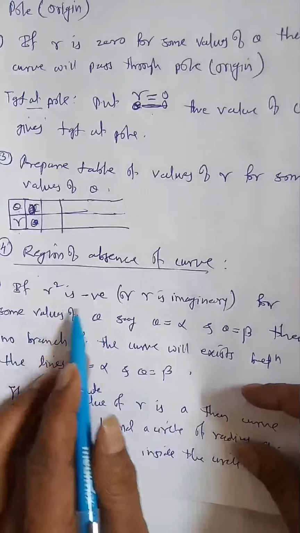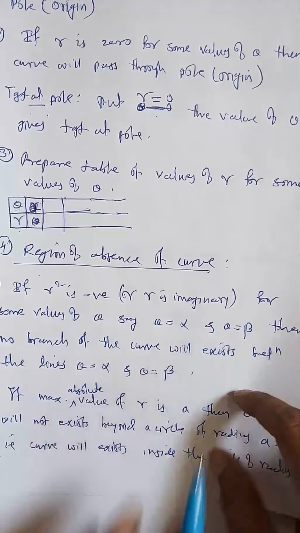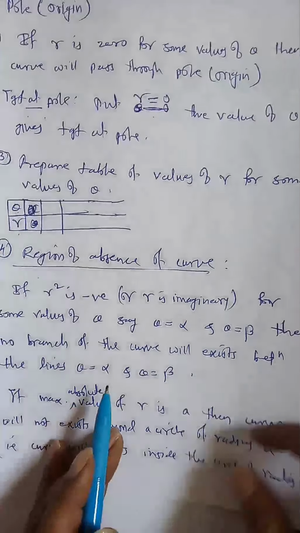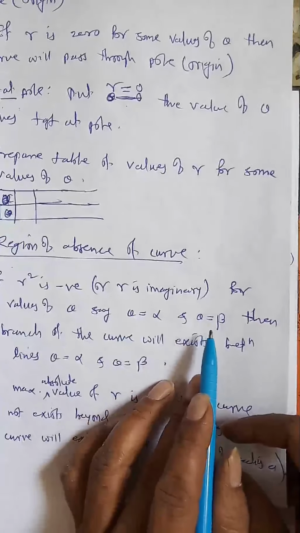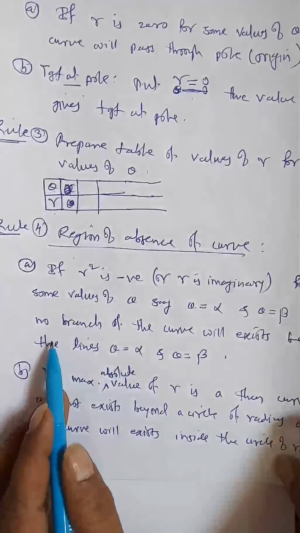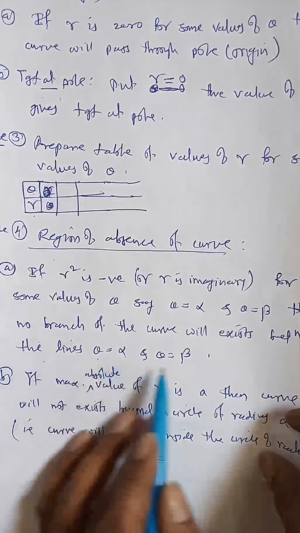If r square is negative or r is imaginary for some values of theta, say theta equals alpha and theta equals beta, then no branch of the curve will exist between the lines theta equals alpha and theta equals beta.